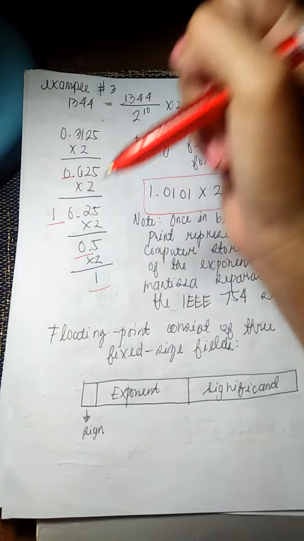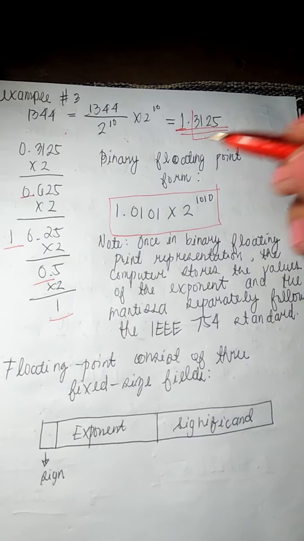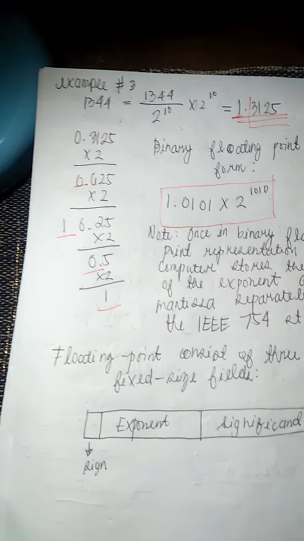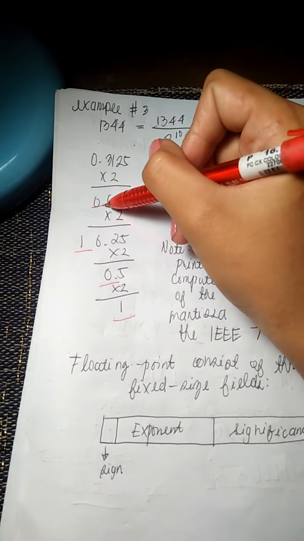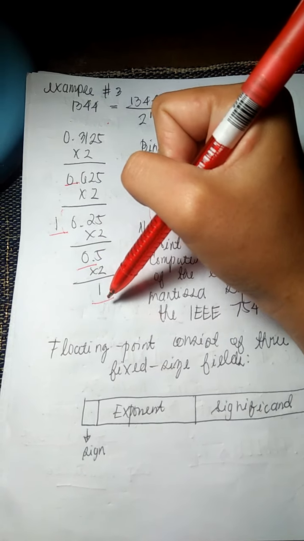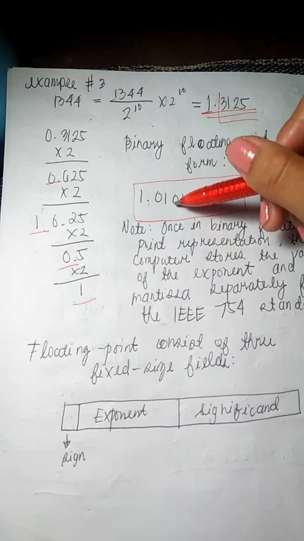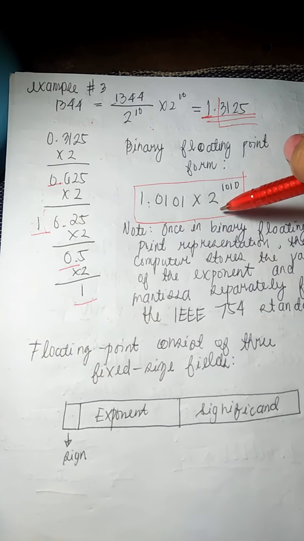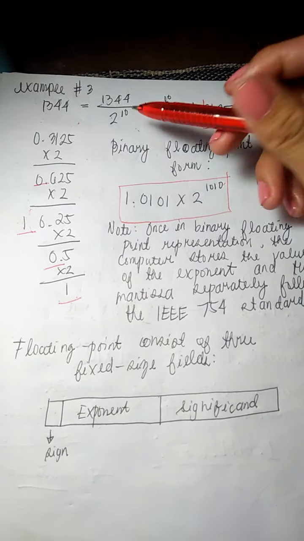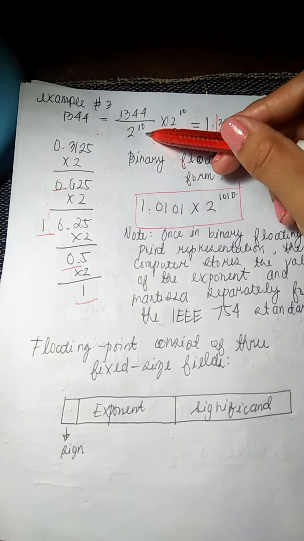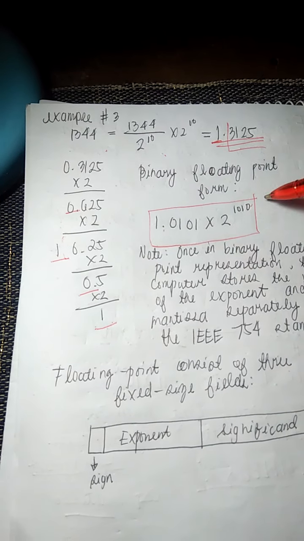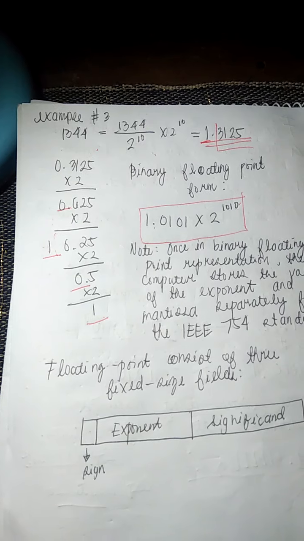Then it ends. So the binary floating point form of 1344 is 1.0101 times 2, and its exponent is 10, which in binary is 1010.